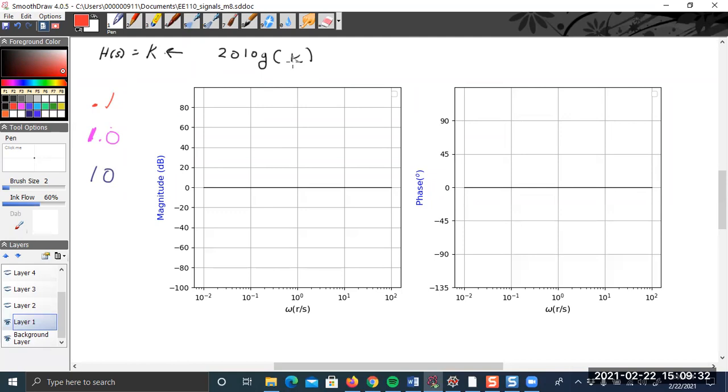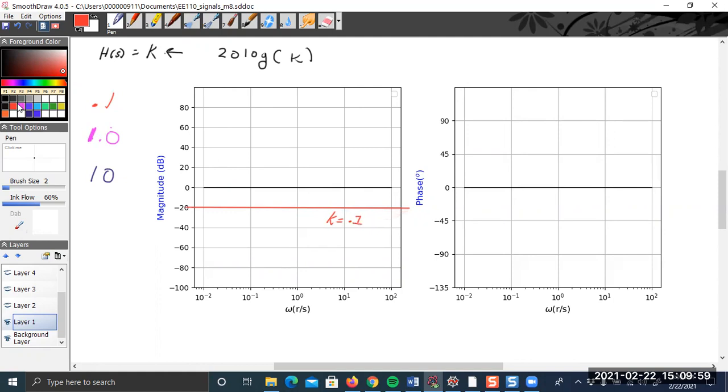k equaling 0.1 will give us log of 0.1, which is -1. -1 times 20 will give us -20 dB. And since there's no frequency dependence, we just draw a straight line across.